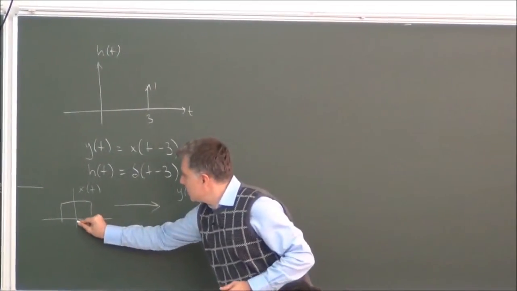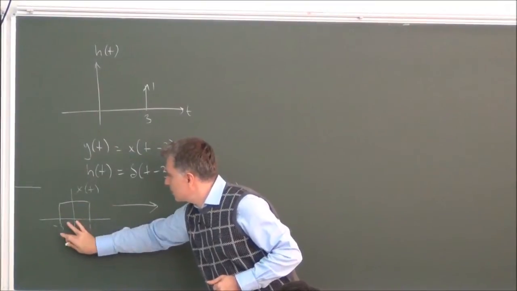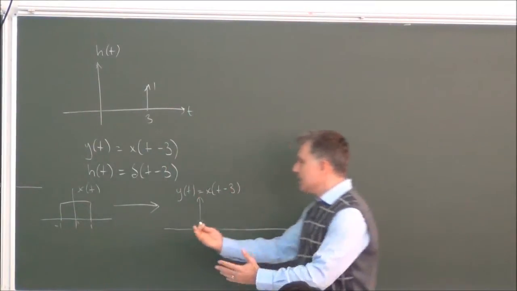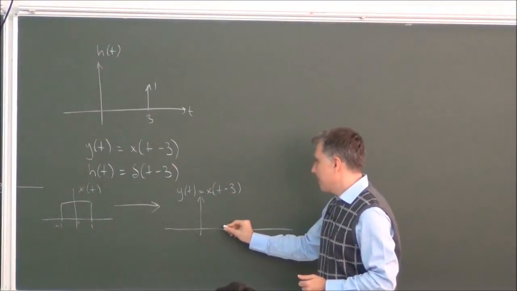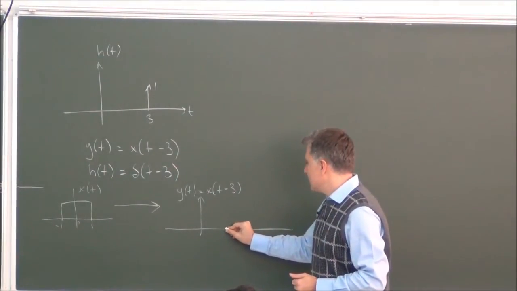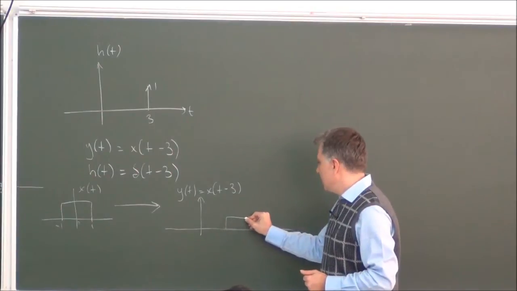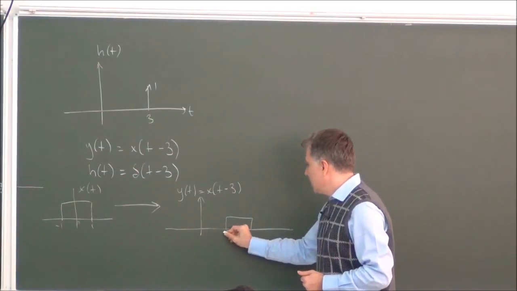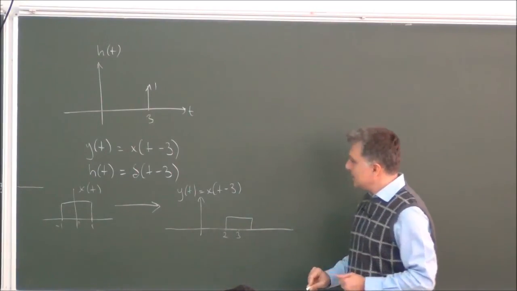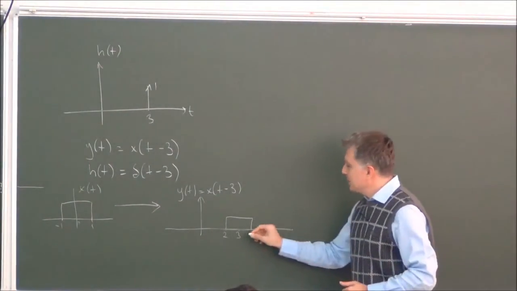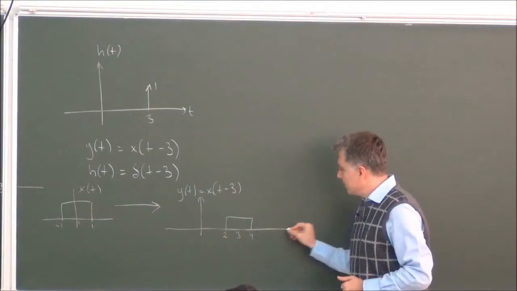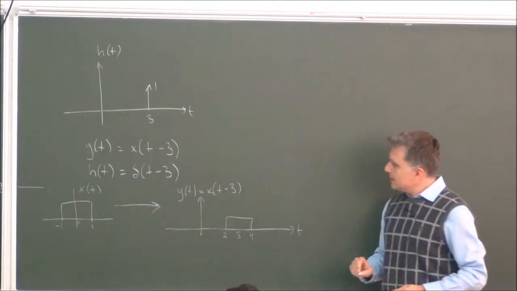These 1 and minus 1 points will be shifted towards the right by an amount of 3. So it will start from 2. The center will be shifted by 3, and everything will be shifted by 3. This 1 will correspond to 4 then. So this is the output.